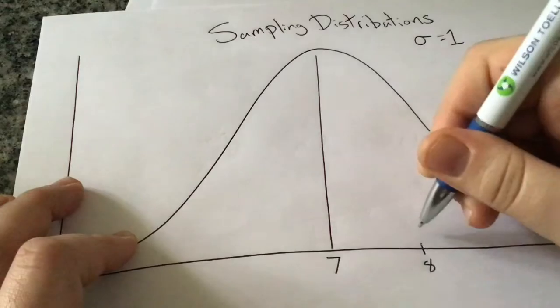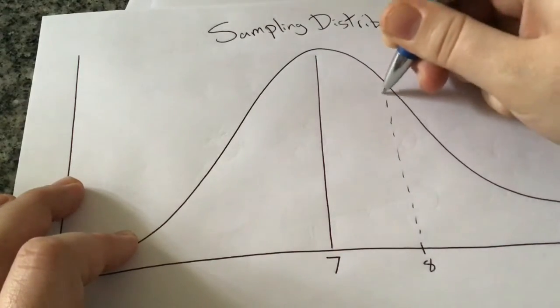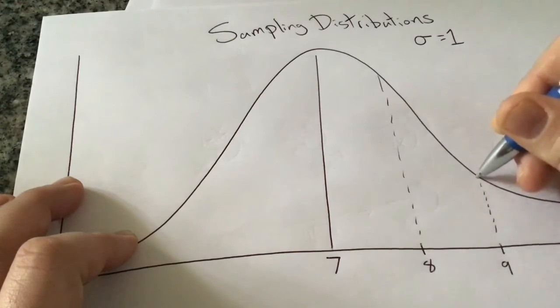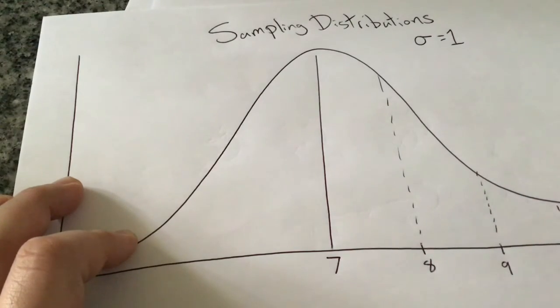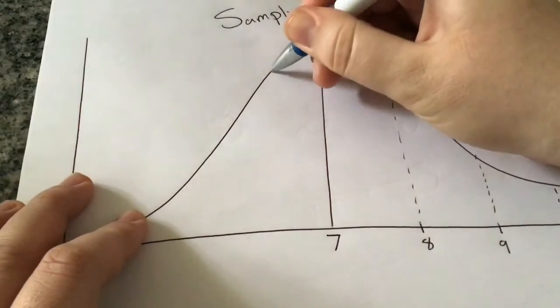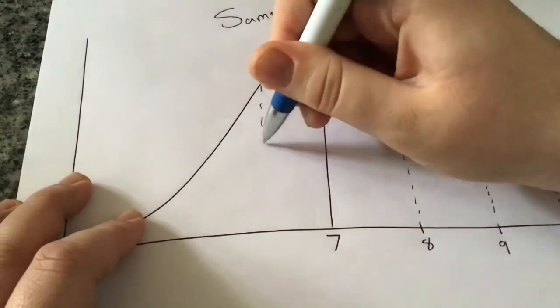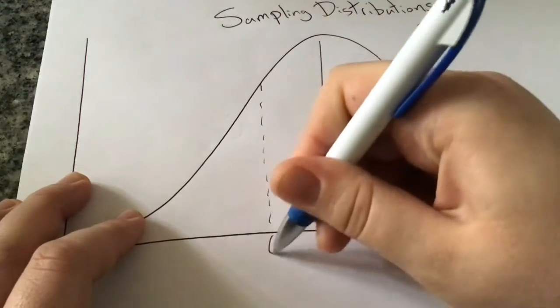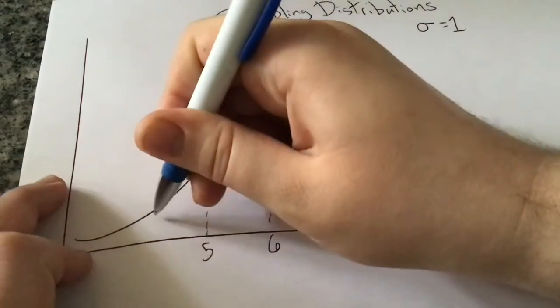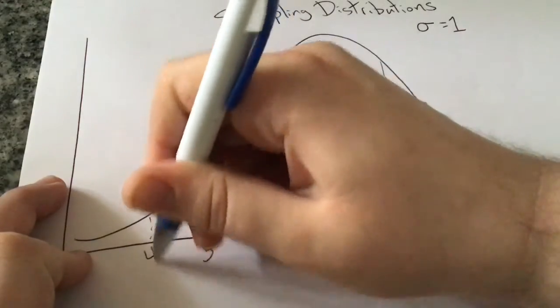So we would have 8 for our first standard deviation. We would have 9 for our second standard deviation, and we would have 10 for our third standard deviation. I know I'm going a little off the page here, but I'm going to go on the other side too. We would have 6, we would have 5, and we would have 4.